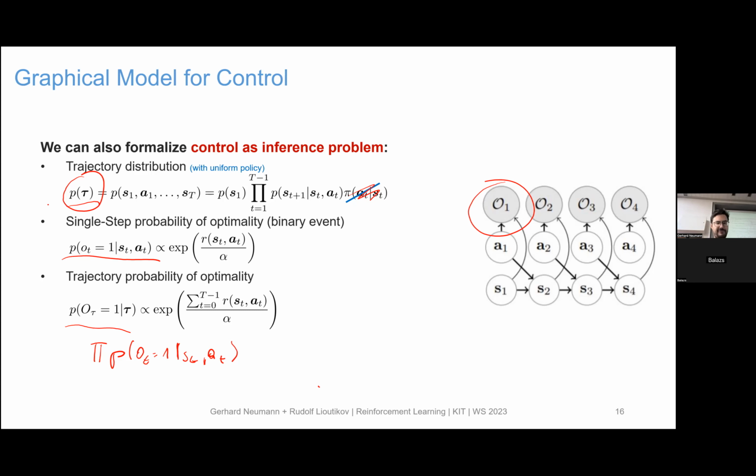I also have a likelihood of optimality, and what I want to have is the distribution of trajectories given I am optimal. How would I compute that in inference? If I have these two, how do I get to that?